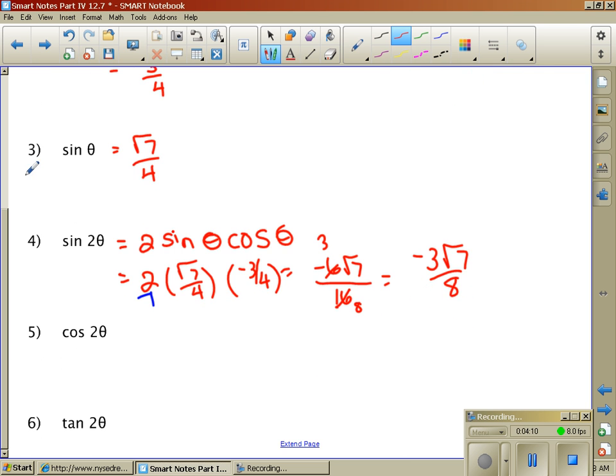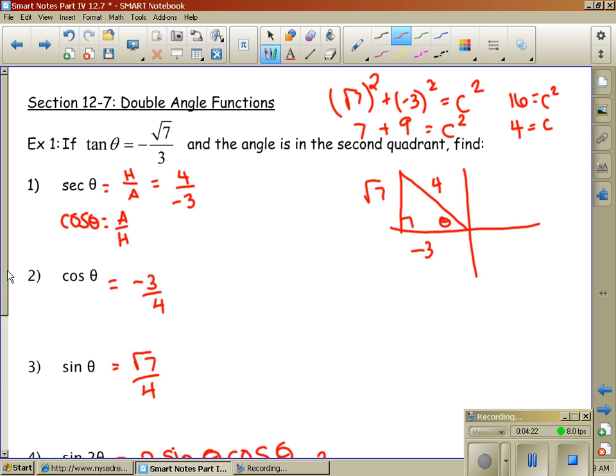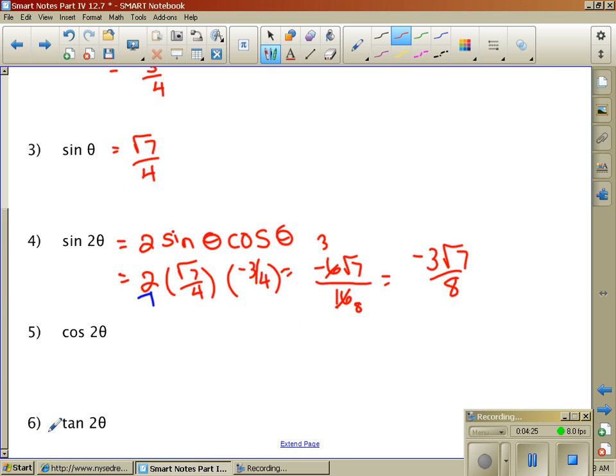Cosine 2 theta. 3 choices, like we already said. In this case, it doesn't matter which one we pick. Just pick any of them. I'm going to do 2 cosine squared theta minus 1. Cosine, negative 3 over 4.